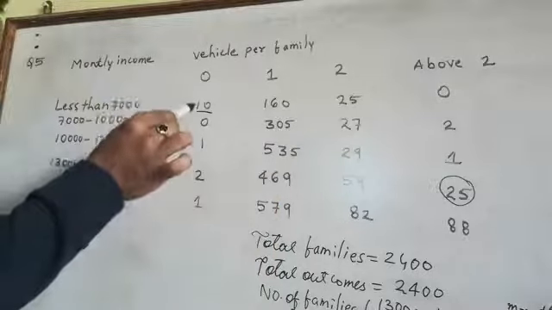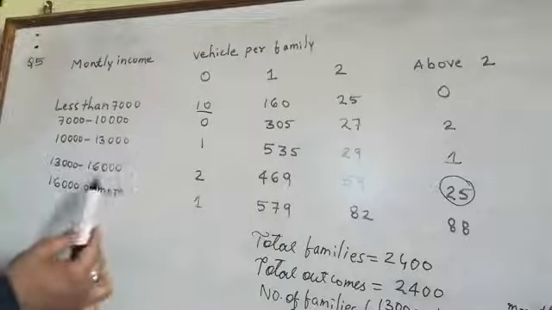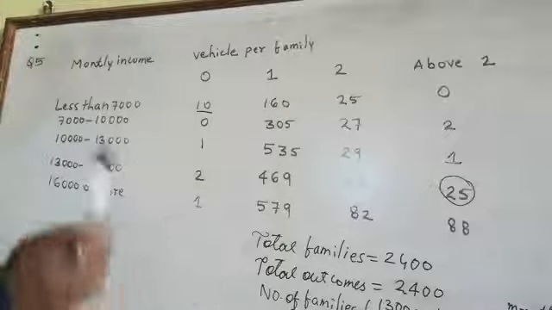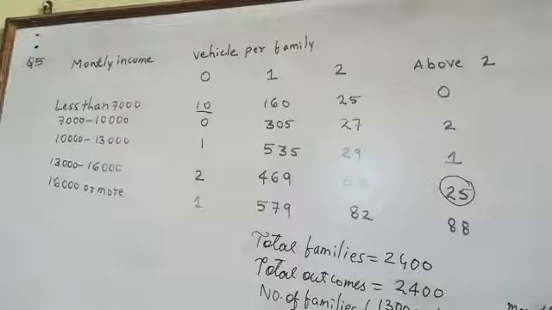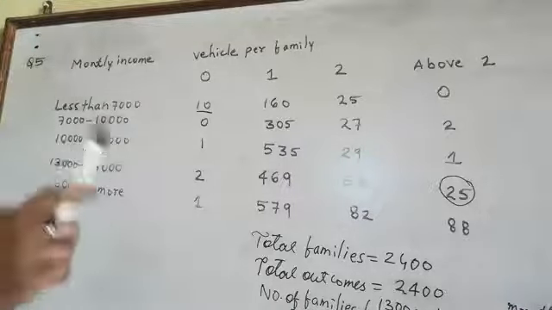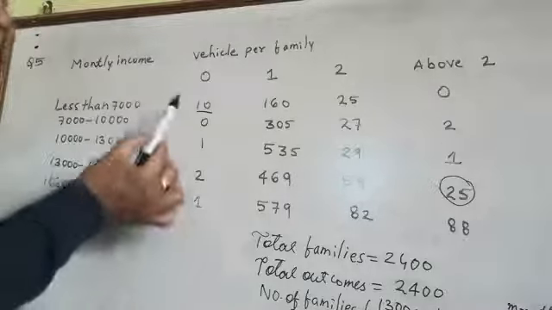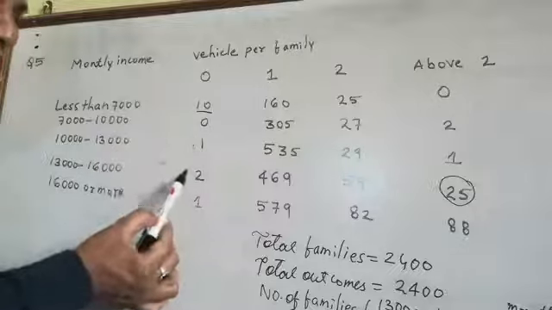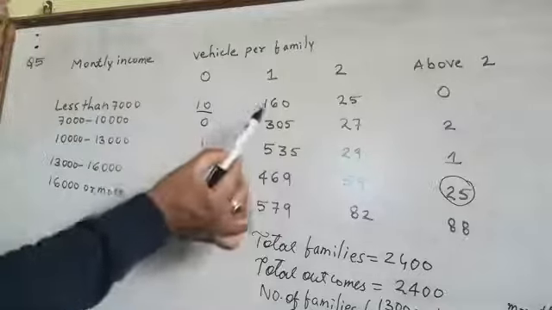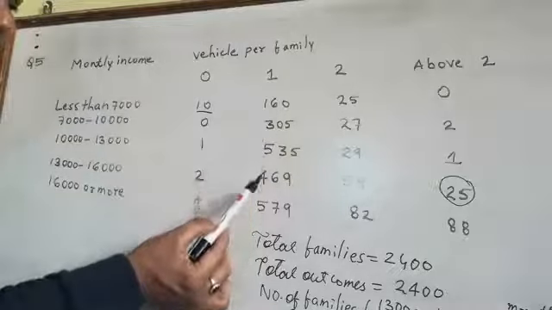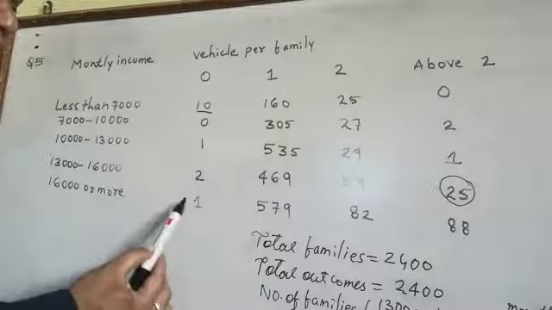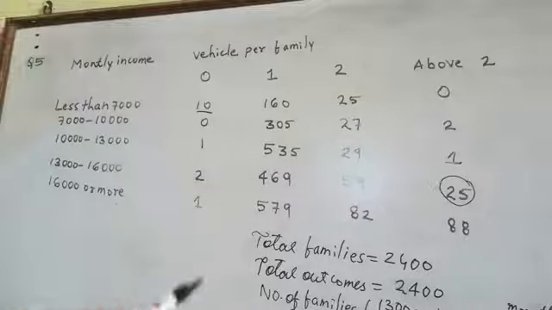So we have to add all these families. Monthly income was not written. So we'll add the zero column: 10, 0, 1, 2, 1. Then 160, 305, 535, 469, 579. This together we have to add, then we find the answer.